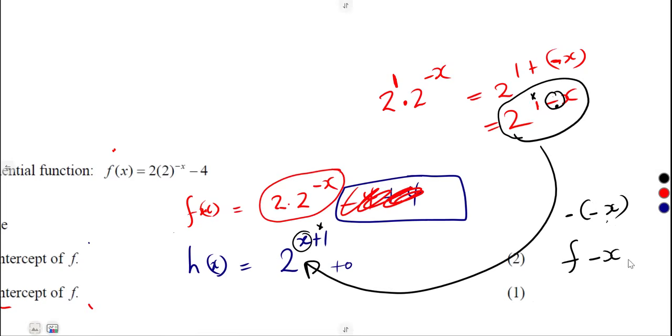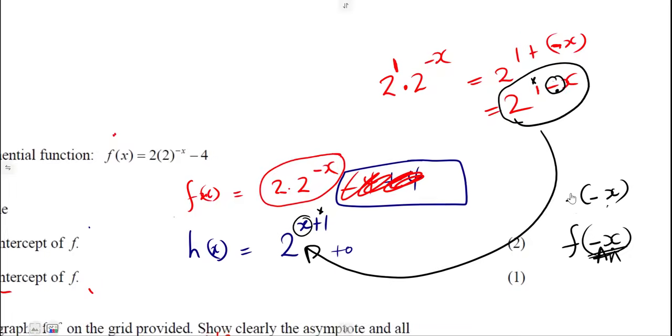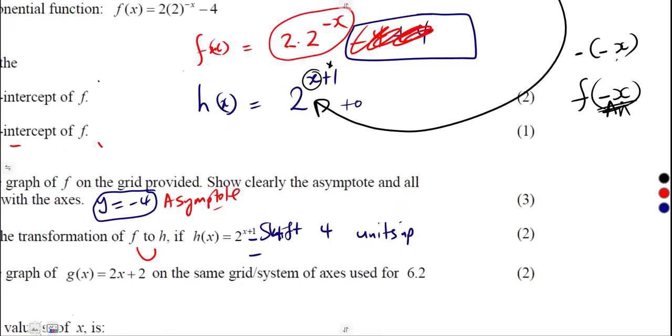It means you multiplied the x value by a negative. It's a reflection in the what? In the y-axis. Remember this from your grade 9 mathematics. So we also had a reflection in the y-axis. Those are the two transformations.